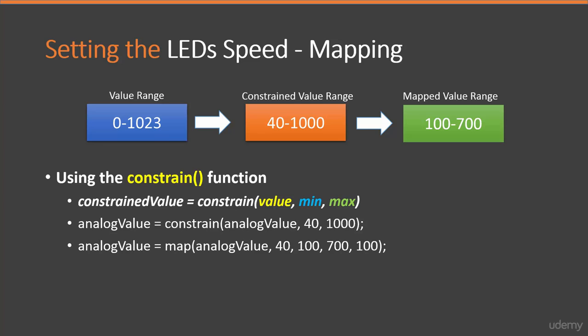This code will limit the reading to anything between 40 and 1000, ignoring any reading that exceeds this minimum or maximum, followed by remapping it using the analog value to a more usable range of 100 to 700.